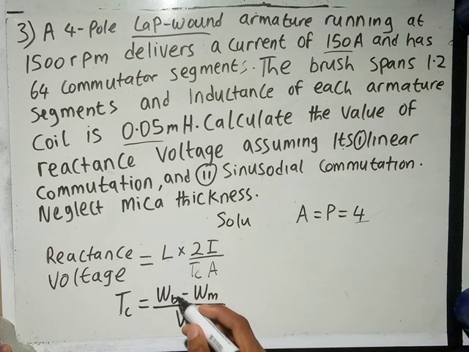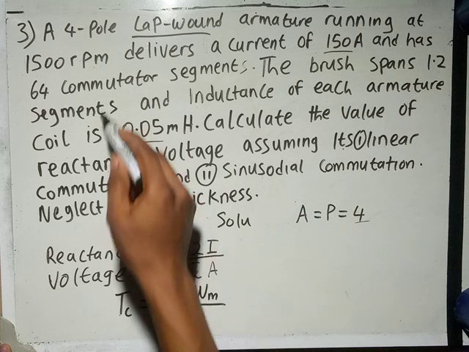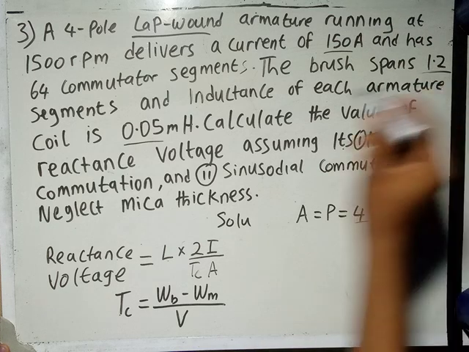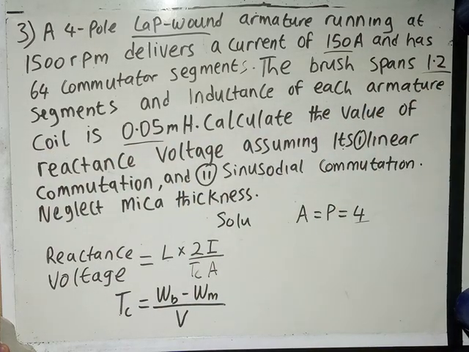In this case we weren't given our width in centimeters but in segments, so that of our brush is 1.2 segments. So let us find our peripheral velocity in segments per second.